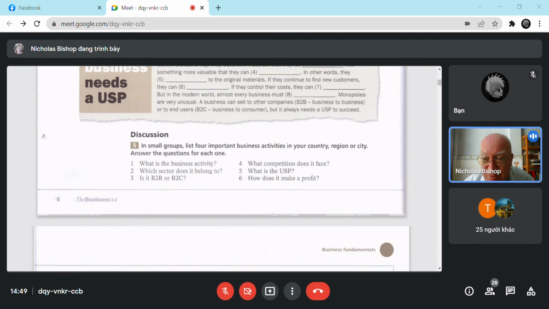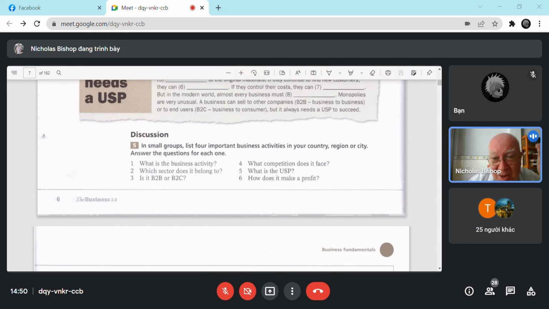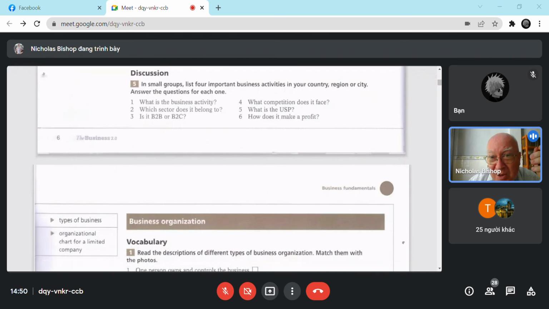But now they also have more electronic goods and other things made in the industrial parks. So there's quite a range of different businesses now. Okay, that's a good example. Anybody else got any examples?